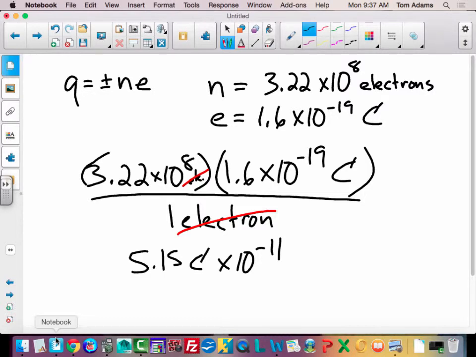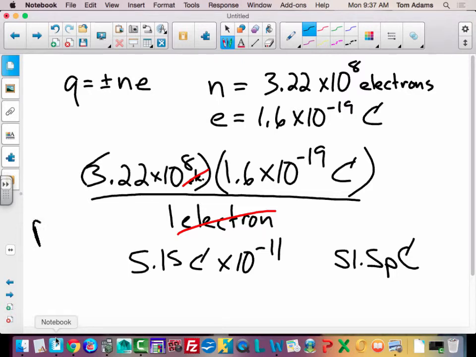Now, here's a weird thing. If you were to look at this in the back of the book to see what the answer is, it says 51.5 little p coulombs. Now, what does that little p stand for? You guys should know this.